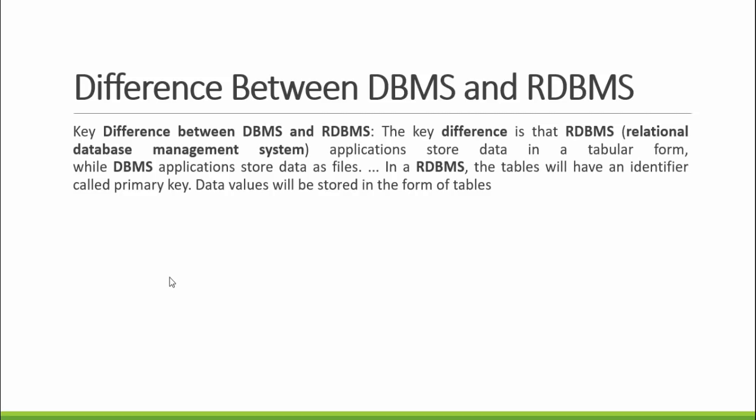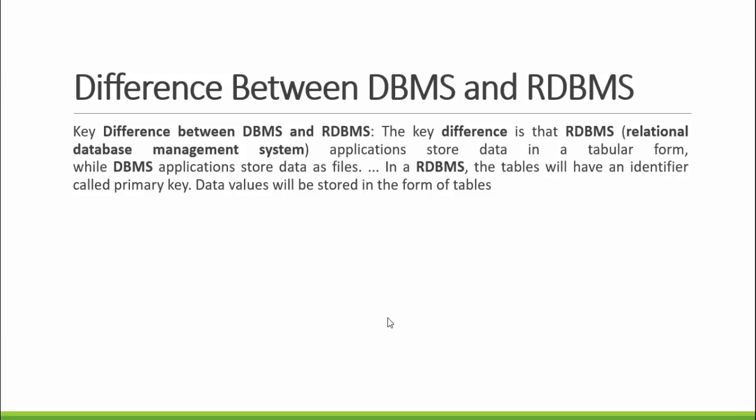Difference between DBMS and RDBMS. Key difference between DBMS and RDBMS. The key difference is that in RDBMS, relational database system, applications store data in tables, whereas in DBMS applications store data as files.